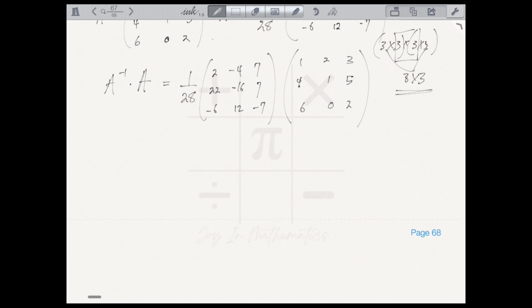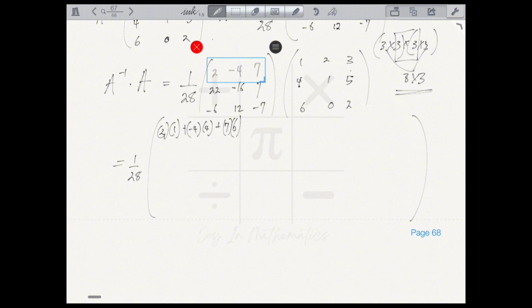All right, so we have 1 over 28 outside, since we are dealing with it later. Let's put enough space, we are going to a 3 by 3 matrix. So we'll begin with the first row multiplied by the first column. So we have 2 into 1 plus minus 4 into 4 plus 7 into 6.